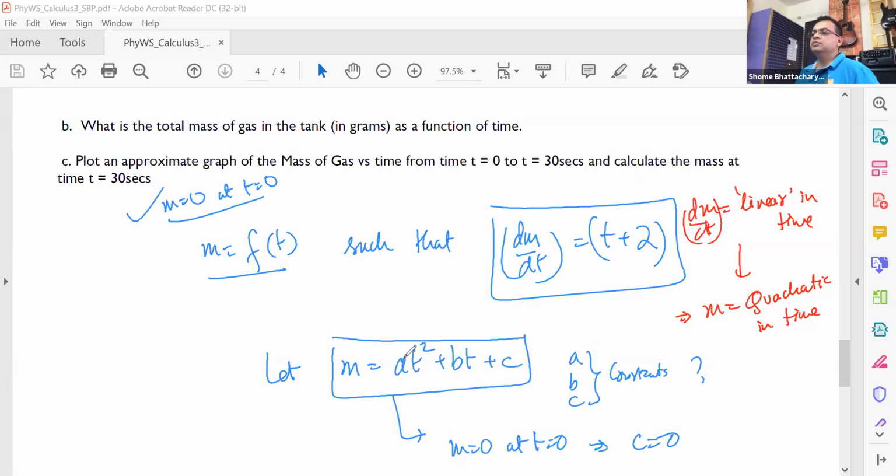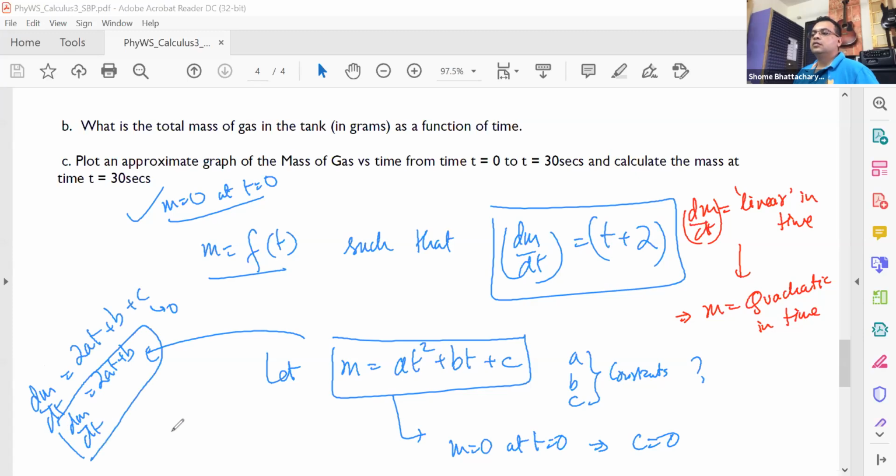So the moment c becomes 0, now you can see that differentiation of this becomes 2at plus b plus c, but c is already 0, so it's 2at plus b. So this dm by dt, oh sorry, c is not going to come in the differentiation, so don't use that.